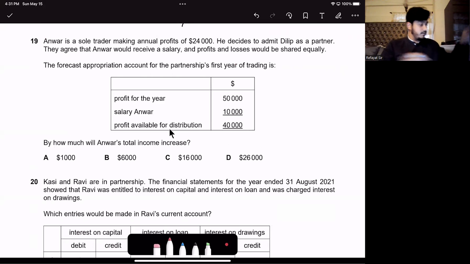Number 19. Anwar is a sole trader making annual profits of $24,000. He decides to admit Dilip as a partner. They agree that Anwar would receive a salary and profits and losses would be shared equally.